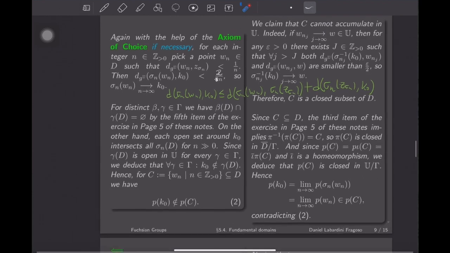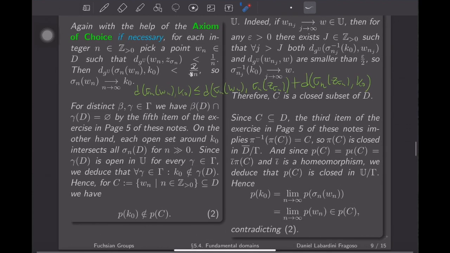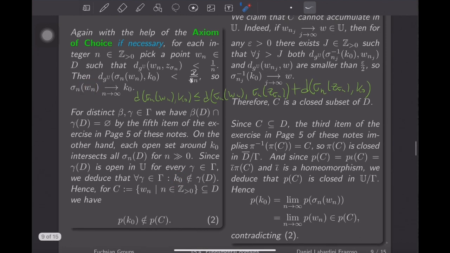Okay, but that means already that, since the WNs are all in D, that's how I pick them, the WNs are all in D, and k naught is never in gamma of D, never.